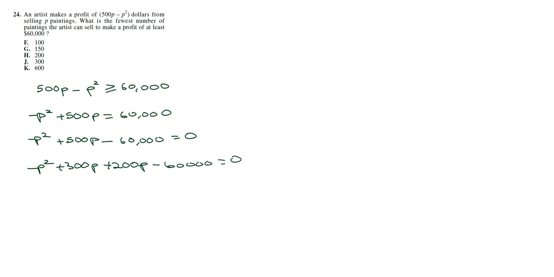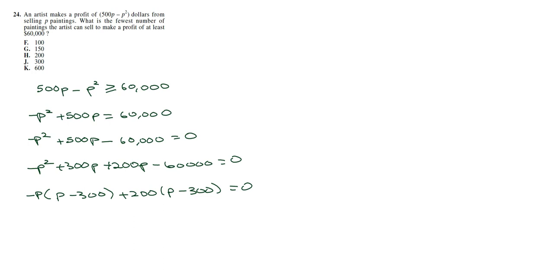So let's simplify. We have minus p here, p minus 300 plus 200, and then we have p minus 300 equal to 0.